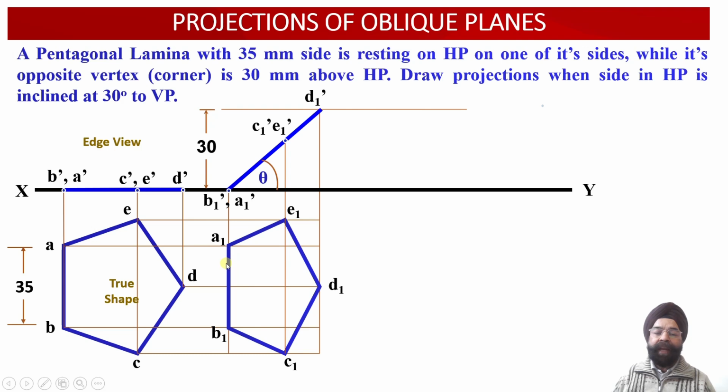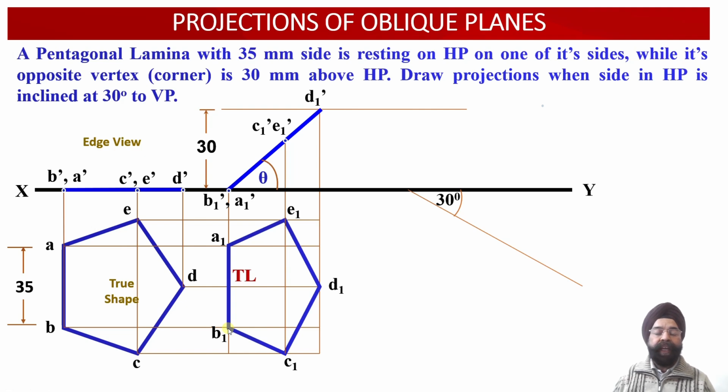But A1 B1 is the only edge in this lamina which is still the true length, because the edge AB happens to be parallel to the horizontal plane. So because this edge AB is parallel to the horizontal plane, in the top view we are still able to obtain the true length projection of this edge AB, that is A1 B1 over here.